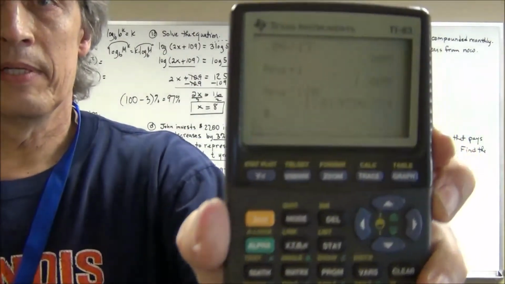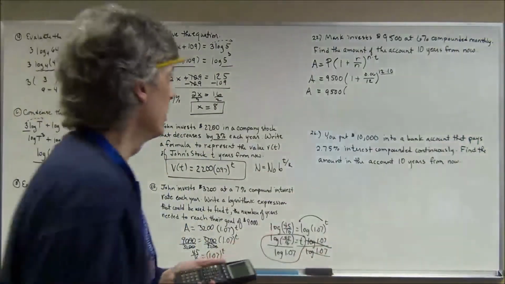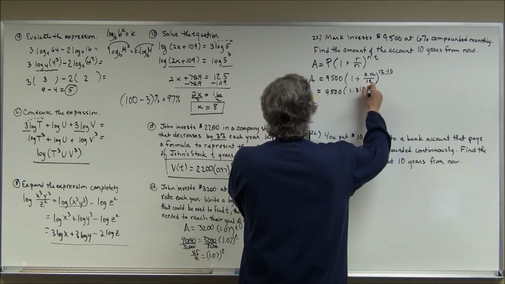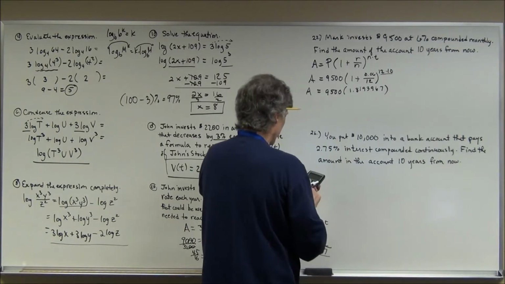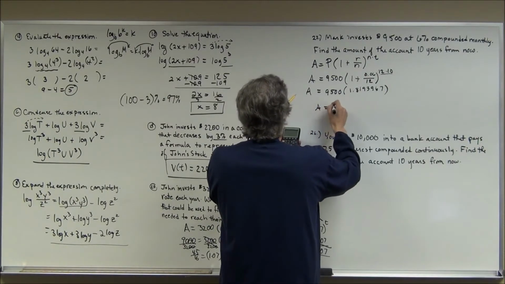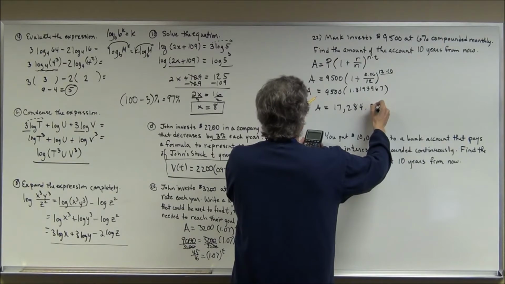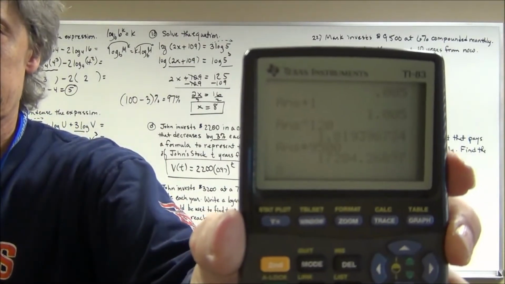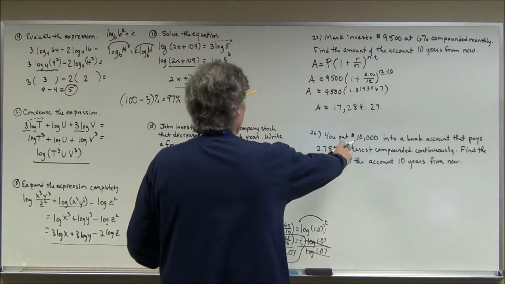Can you see that? Okay, now all of that turns out to be 1.819397 and some more. Now I'm going to multiply that times $9,500. And I get my amount to be $17,284, and to the nearest penny, 27 cents. Okay. One more to go here.